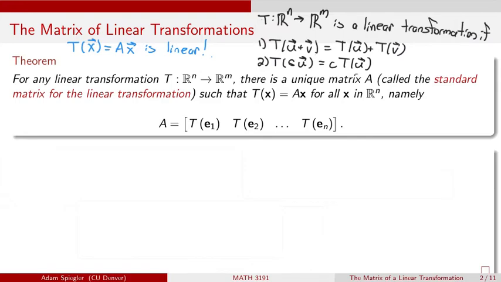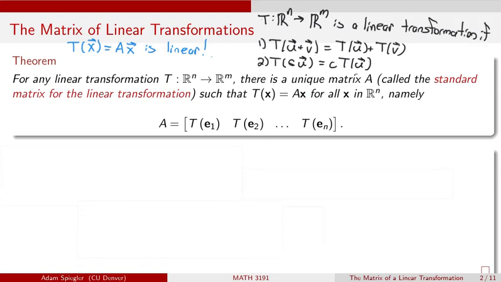So here we can state more generally the result that we saw in the previous example. For any linear transformation T, which maps from Rn into Rm, we do have a unique matrix A, and we'll call this matrix the standard matrix for the linear transformation, such that T applied to some arbitrary vector x in the domain, we can write as a matrix vector product, some matrix A times that vector x.